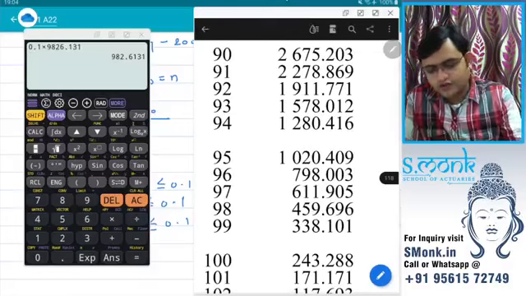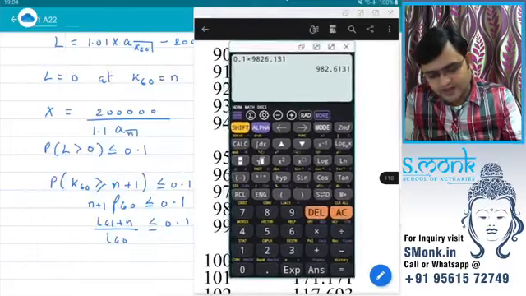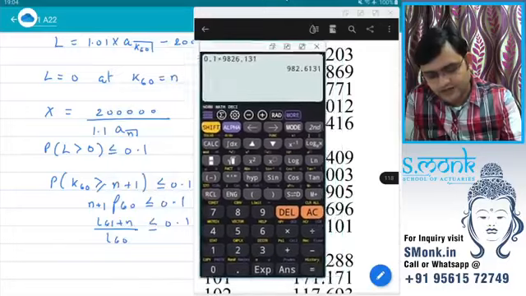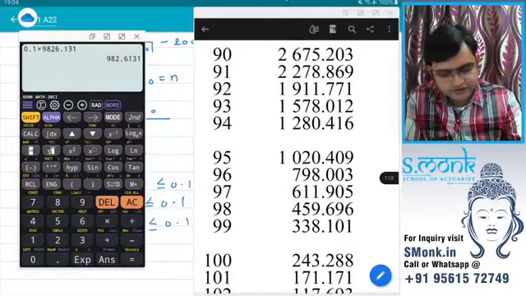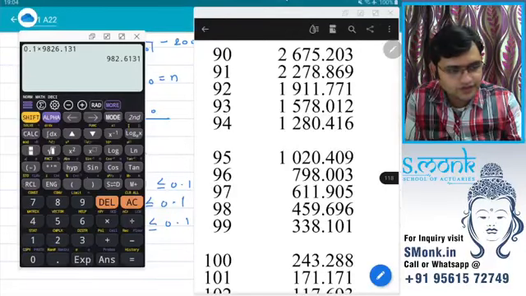So we would want the value to be less than this, so we would want it to be 96.